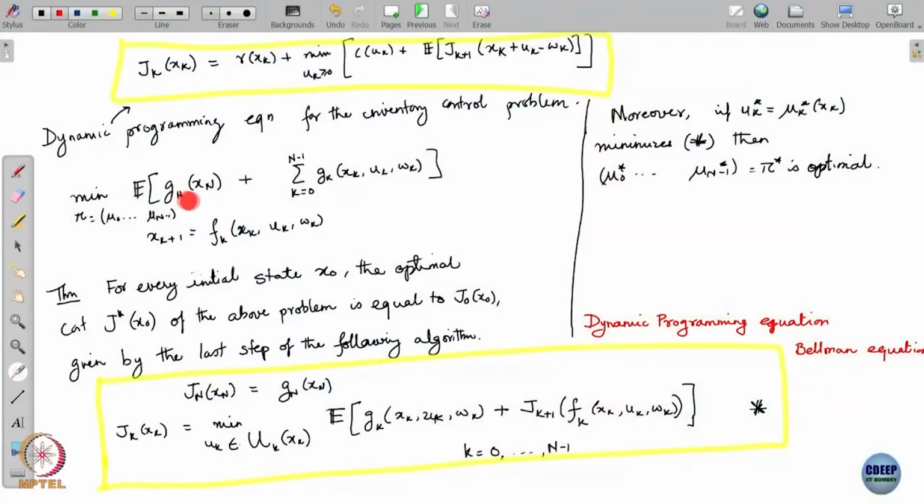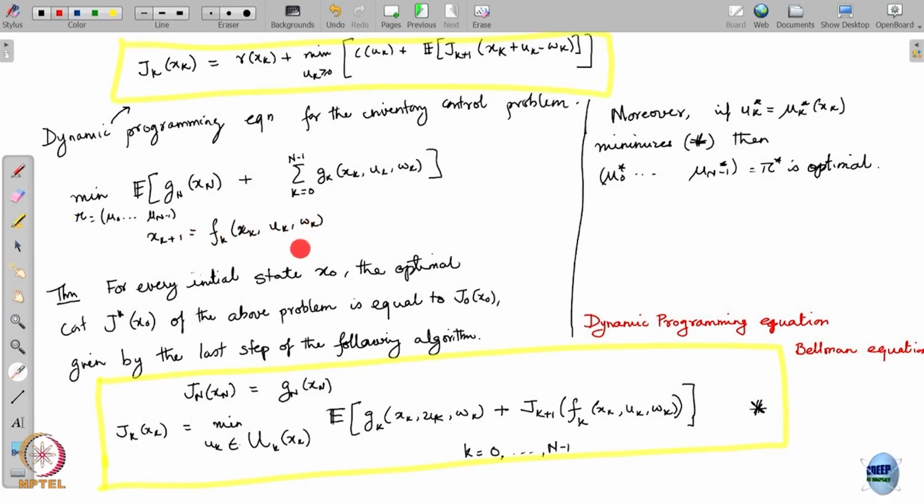Okay. So, let us just dwell once on what enabled this. The thing that has enabled this is that our cost function is actually additive. You have your terminal cost and you have costs at each step, plus your state equation is also in this form, where the next state is determined by the previous state, the action you take in that previous state, and the noise at that time.